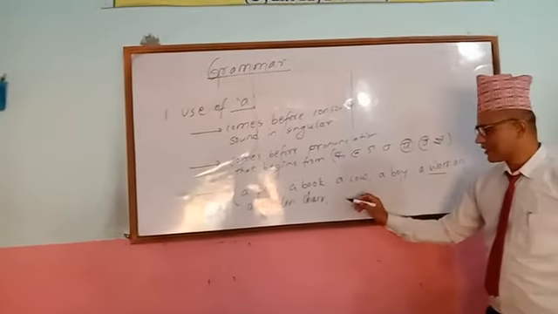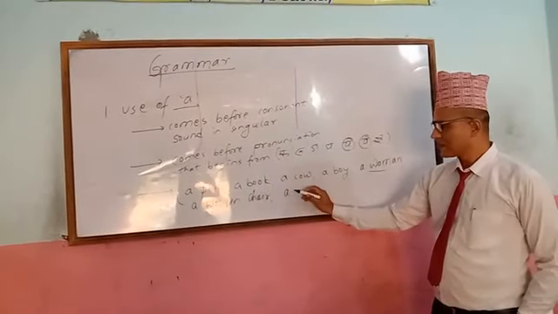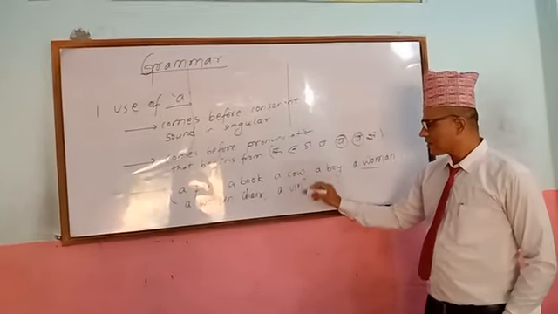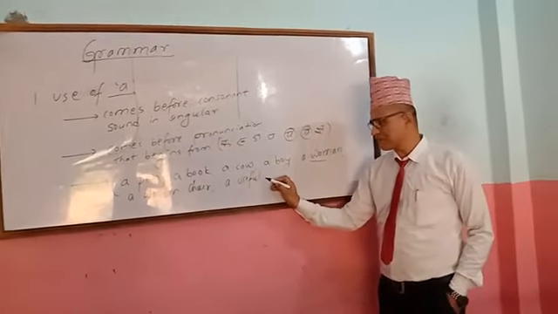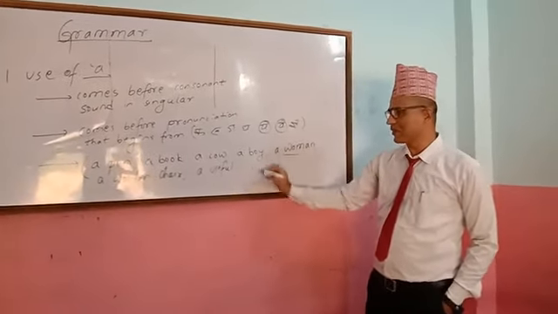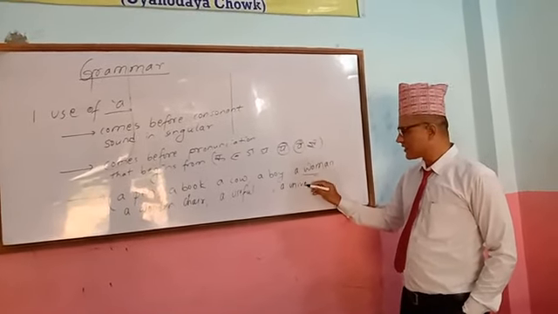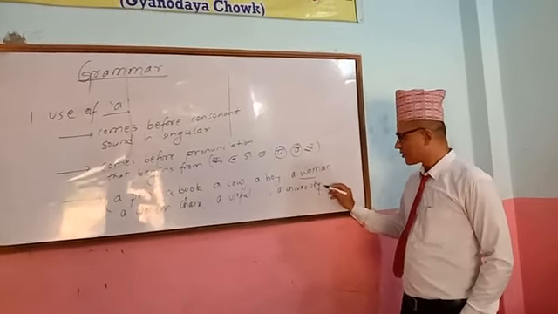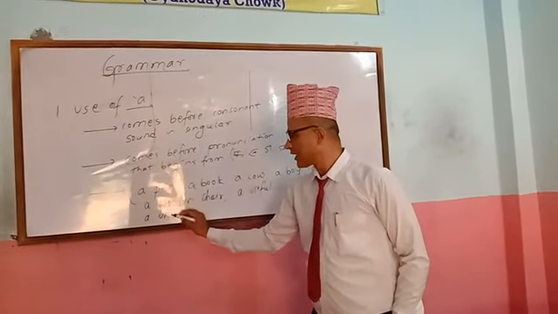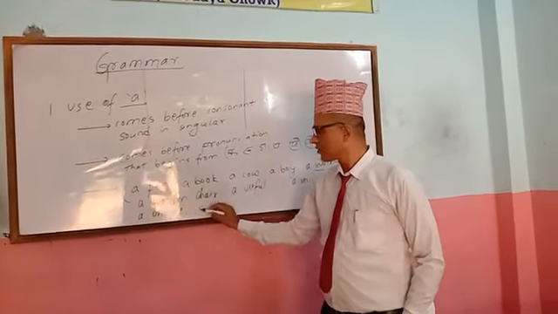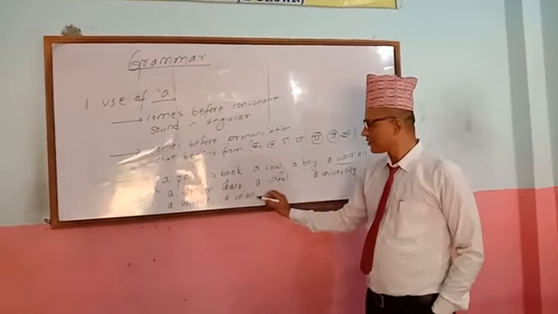Likewise, a useful. I am writing only adjectives here. There comes something after useful: a university, a unique, a union.